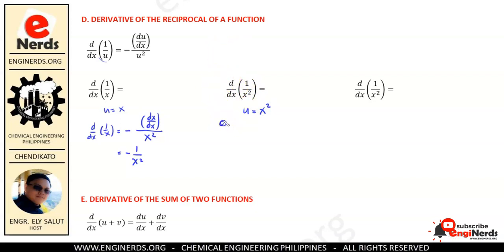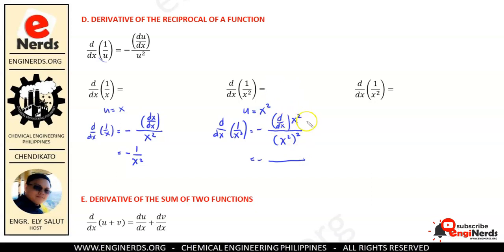So we have here d over dx of 1 over x squared is equal to negative the derivative of our function, the derivative of x squared, and then we will square our u. Our u here is equal to x squared, so we will square that. So therefore, we will have here negative, and then what's the derivative of our x squared?